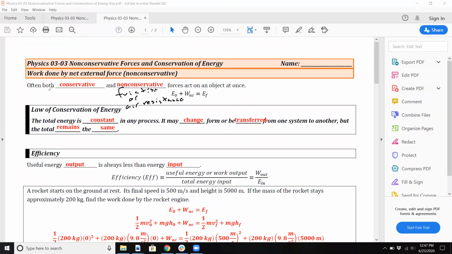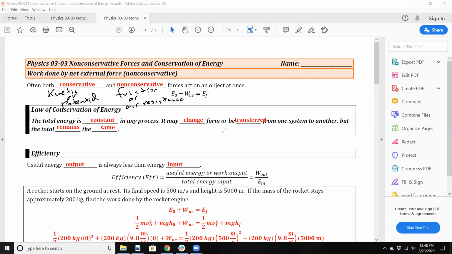Conservative would be, we consider like kinetic or potential. The total energy is constant. That is always true. It may be transformed from one to another, but the total remains the same. Efficiency we'll talk about at a later time, so let's not concern ourselves with that.